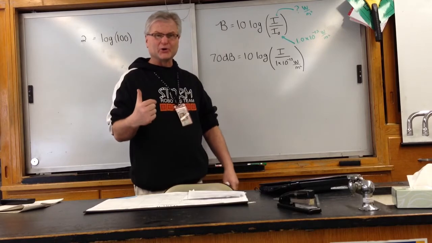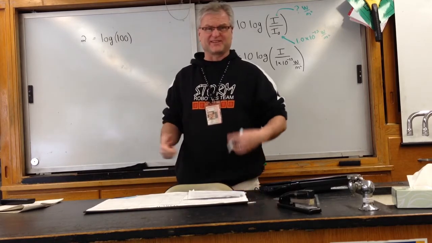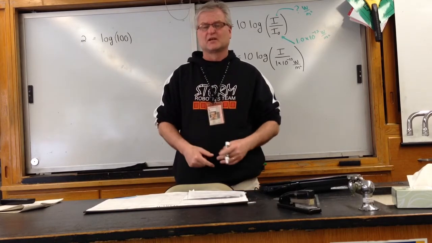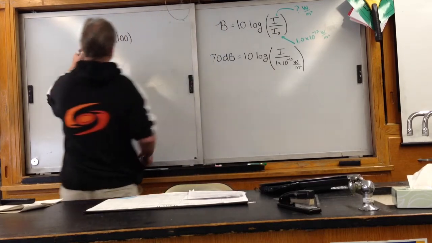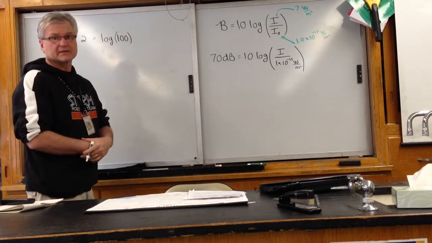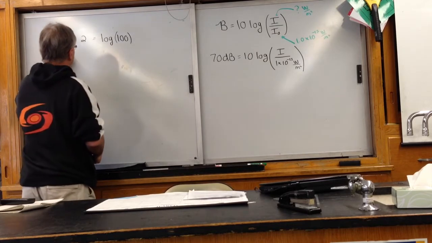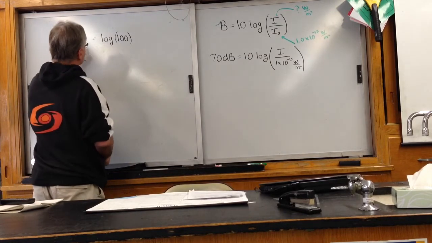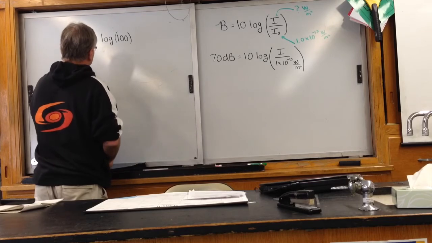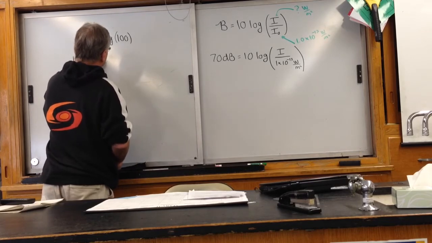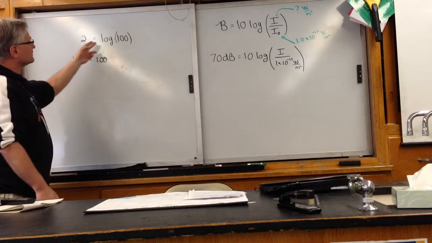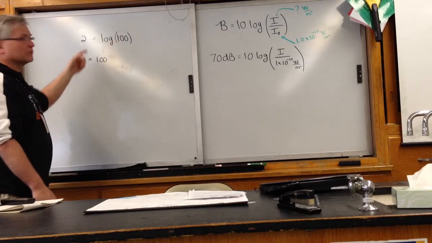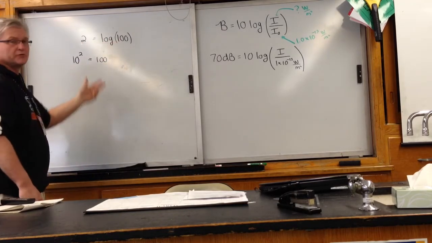How do you get 2 from 100? It doesn't seem to make any sense, so then I recognize that this is the exponent when it's a base 10 operation. If I take 10 and put the number above it, it gives me back the value that's after the log. So the log of 100 is 2 because 10 squared is equal to 100.